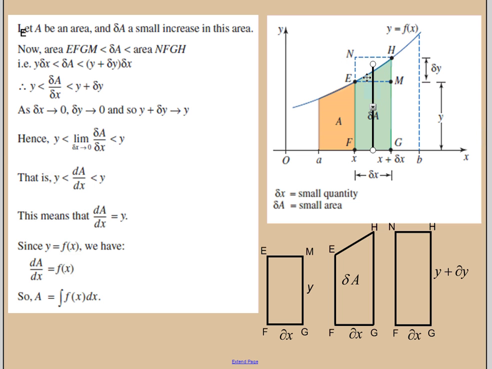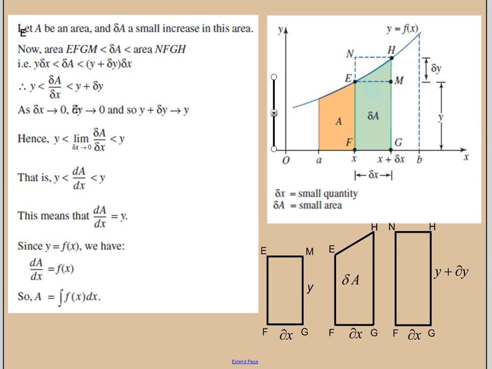If I move it across to here, it's getting shorter again, so delta x is now smaller. As delta x gets smaller and smaller, so too does the gap between the dotted line and the curve. When they're basically on top of each other, delta y is getting smaller and smaller.